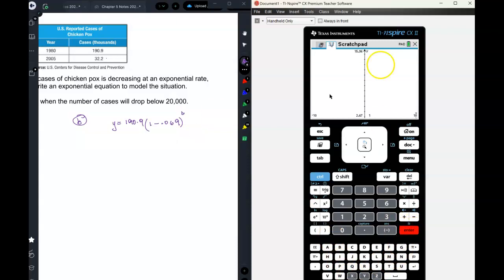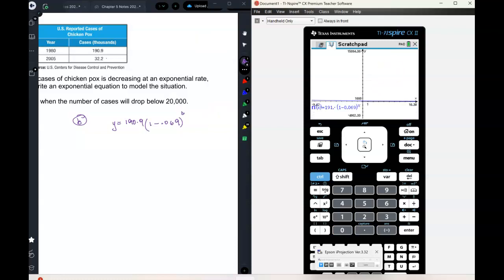And obviously, I'm not going to be able to see anything, but I want to see when it drops below 20,000. So in this second function, I'm going to put in 20,000. Oh, wait a minute. Because this was in the thousands. Sorry, this was in the thousands, so I'm going to go to 20.